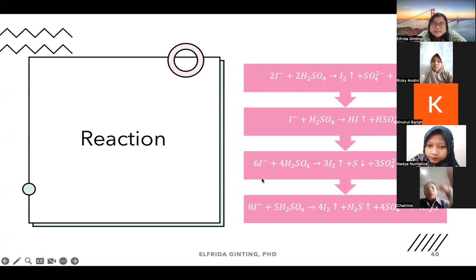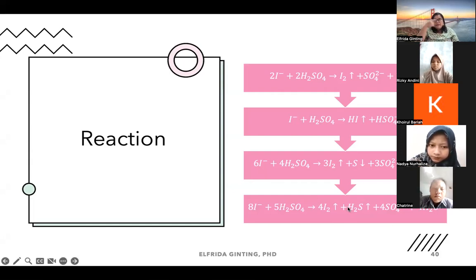Now, increasing the concentration again, you release more gas, and not only iodine gas will be released, but also hydrogen sulfide gas.